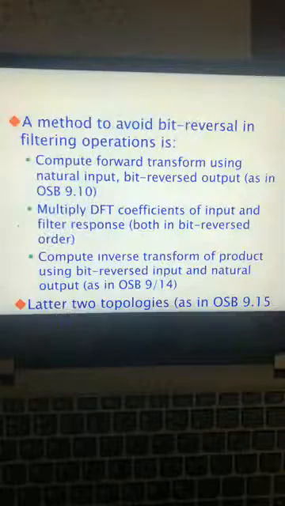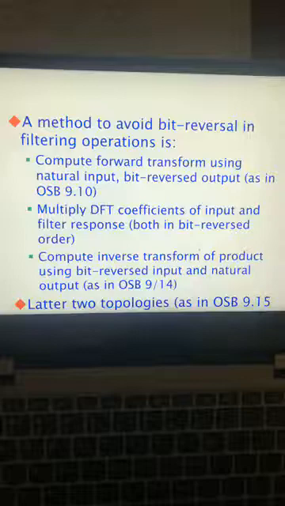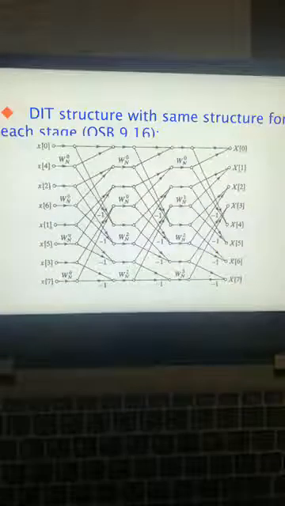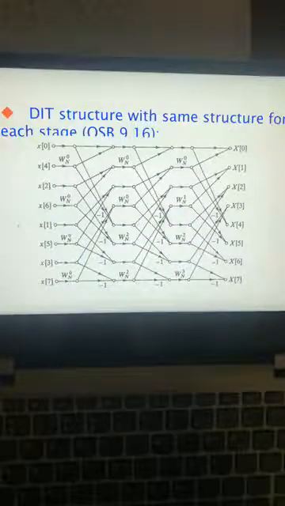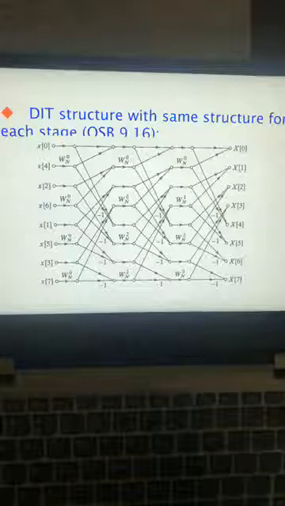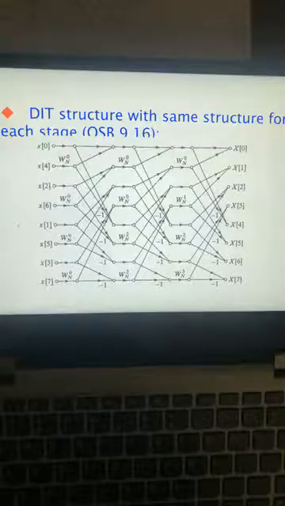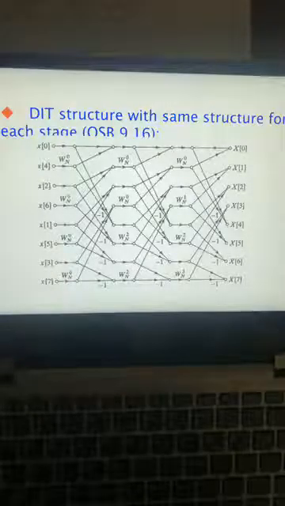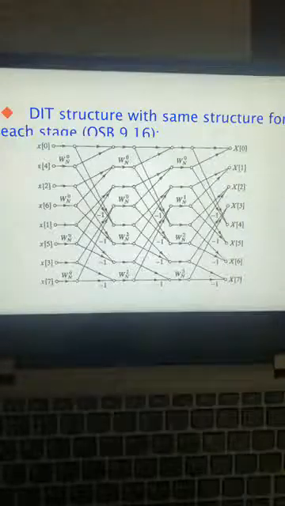So people since then have been trying to figure out a way, but every time the simplest decimation in time Cooley-Tukey algorithm is perhaps the most optimal, though it depends on the application and the way you are looking to solve this problem.